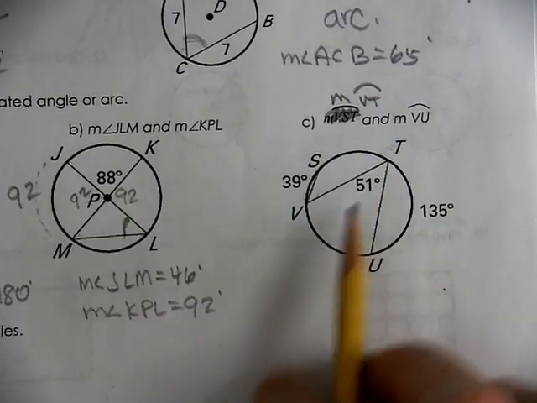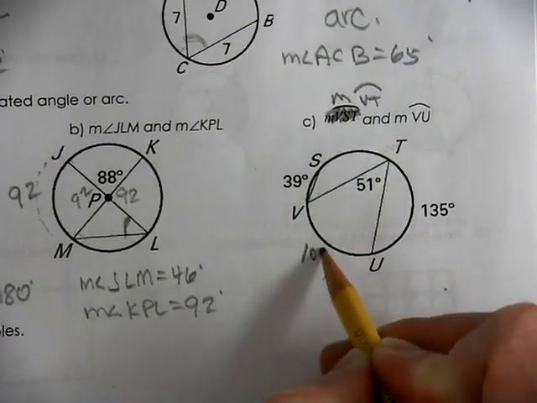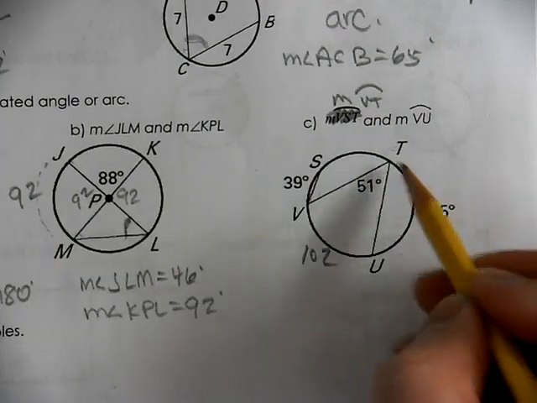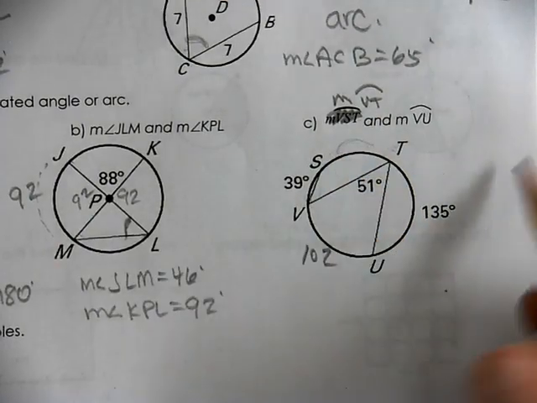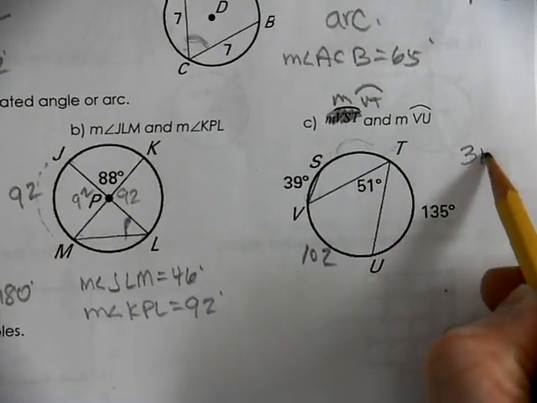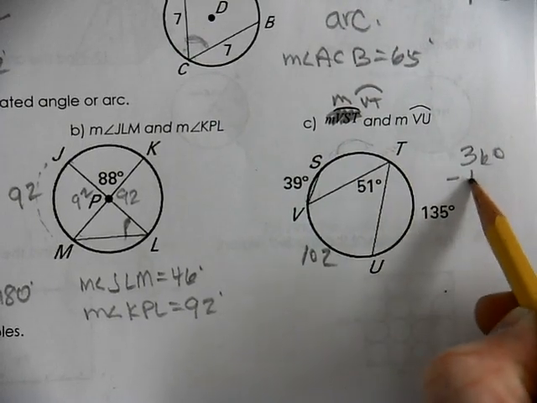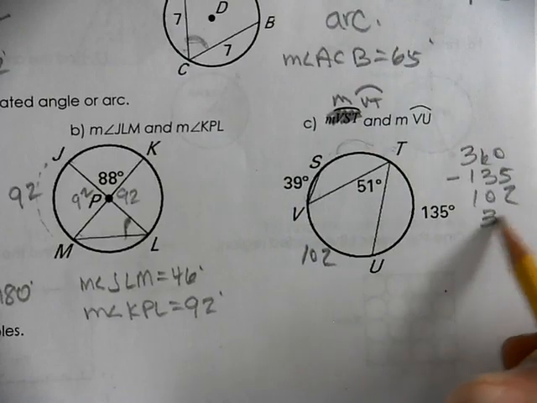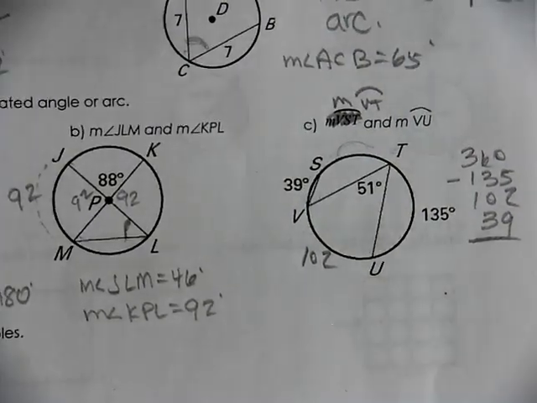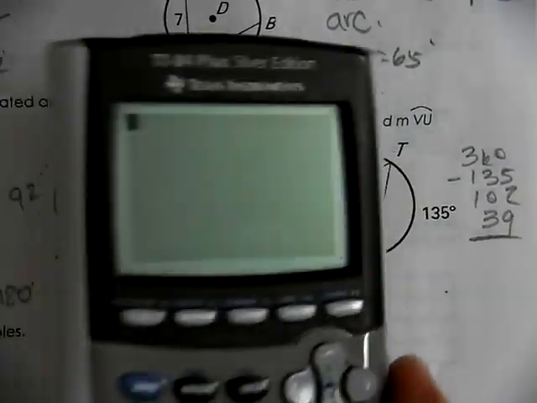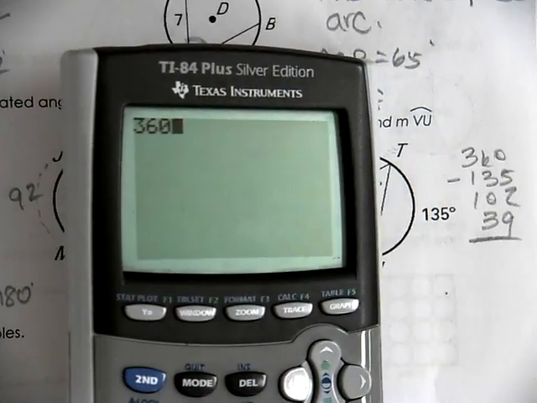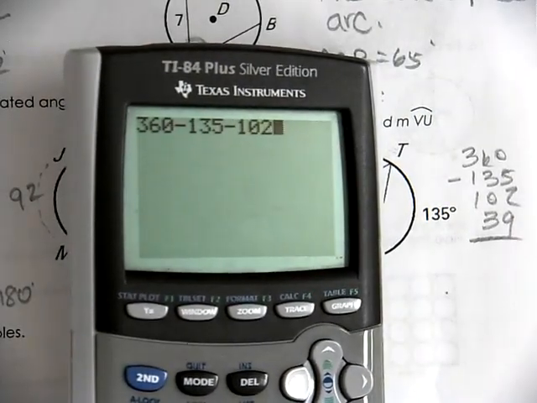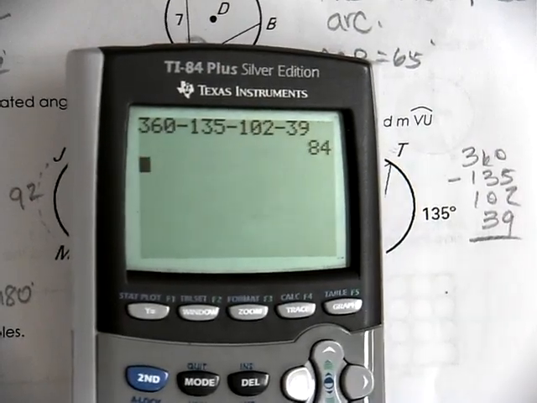If this is 51, we know this side is going to be 102. This is 135. So to figure out our remaining amount, that's going to be 360 minus all of the other arcs that we know. So that's 360, not counting the 135 or the 102 or the 39.